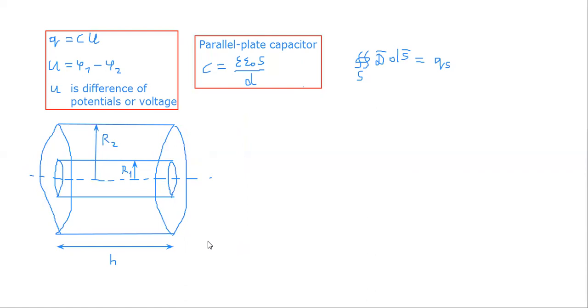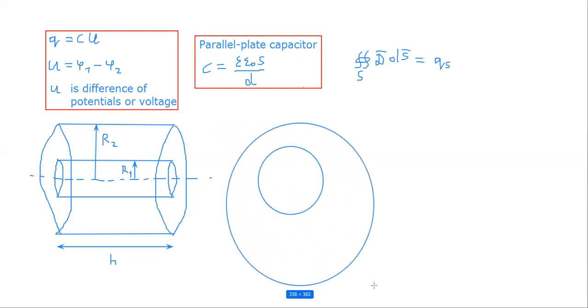The base of the cylinder is a circle, so it can be drawn like this.